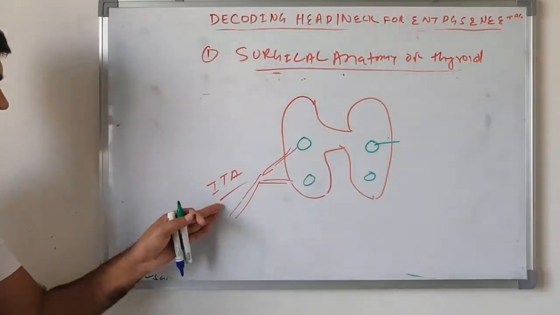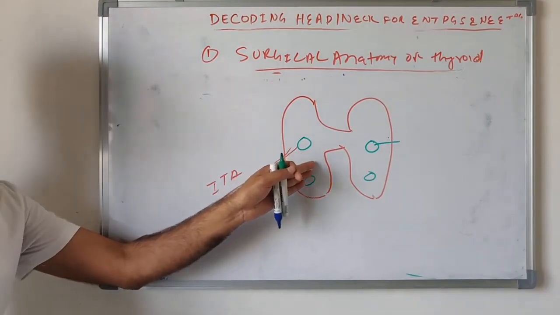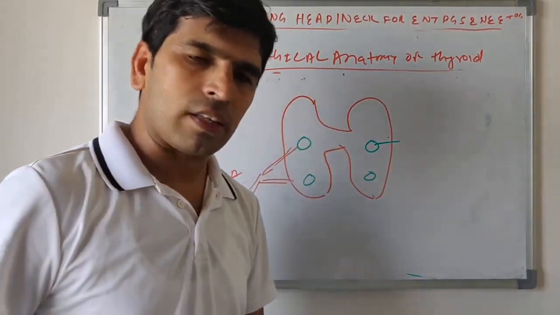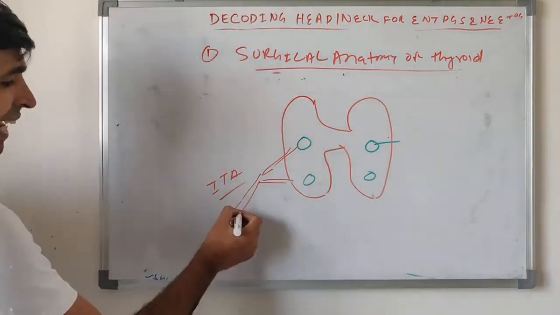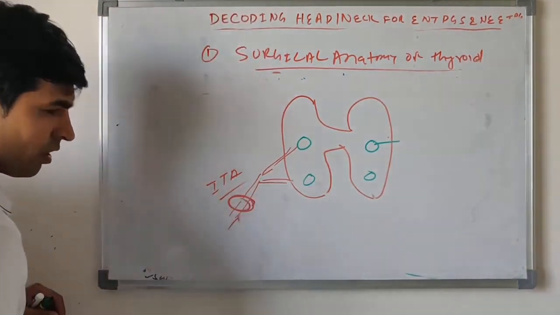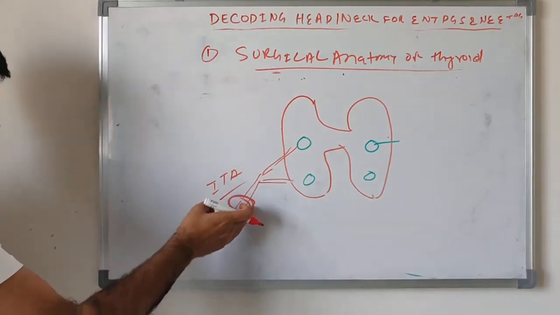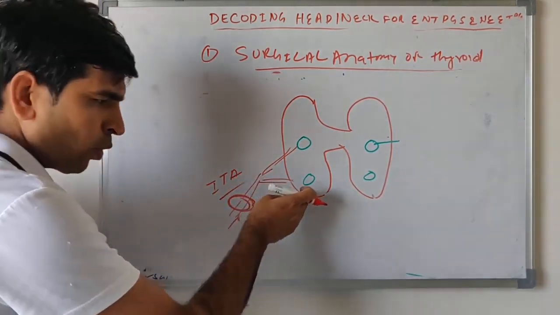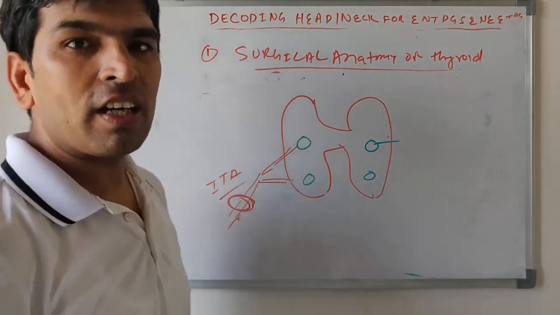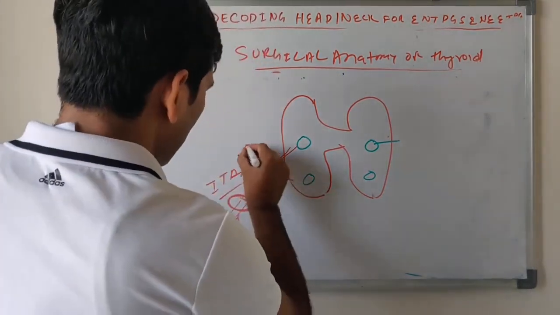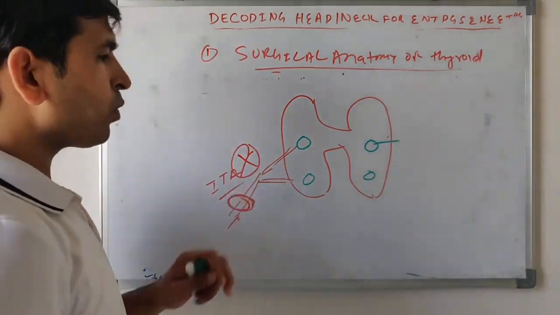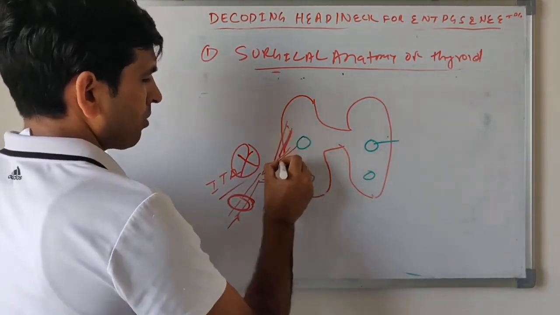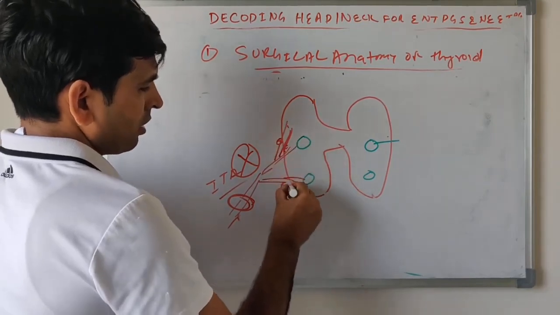The inferior thyroid artery supplies both the superior parathyroid as well as the inferior parathyroid glands. Initially a lot of books talked about ligating the inferior thyroid artery away from the pole to avoid injury to the recurrent laryngeal nerve. This is not recommended at all, because we have to ligate only the individual branches which supply the thyroid.